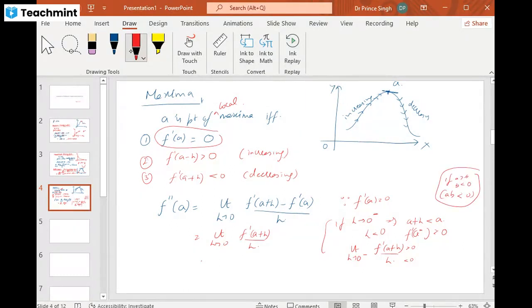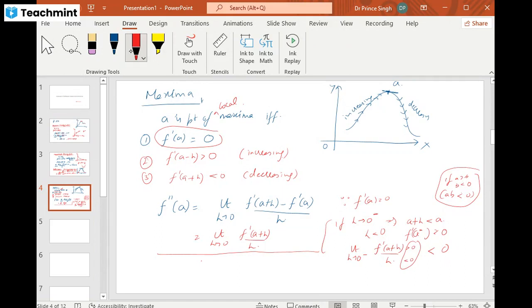So the ratio is less than 0. So if we are considering the left neighborhood of the point, then its derivative is less than 0. Okay, right?